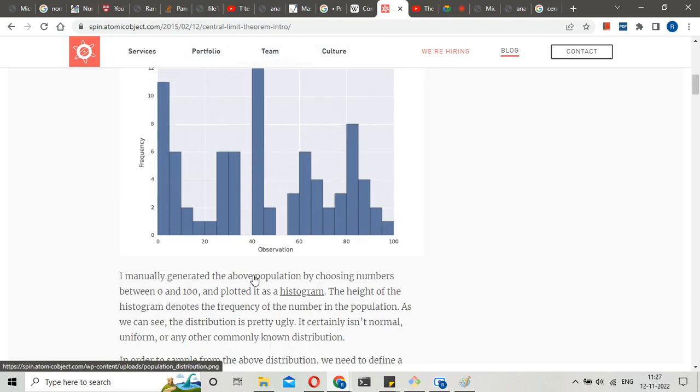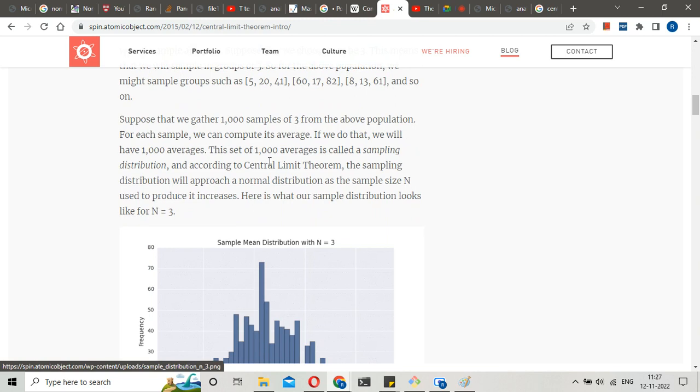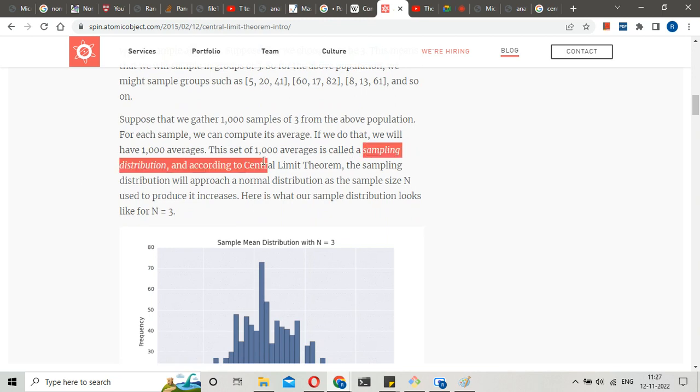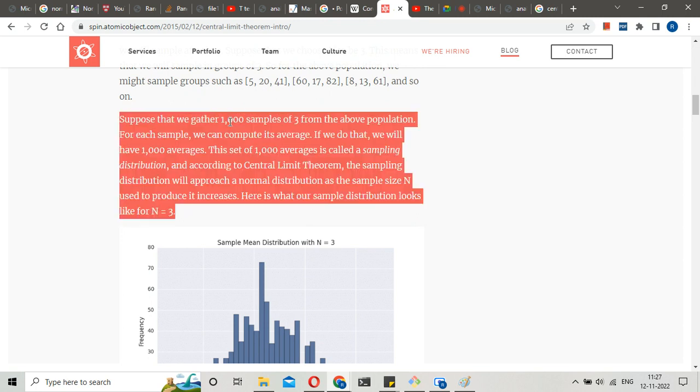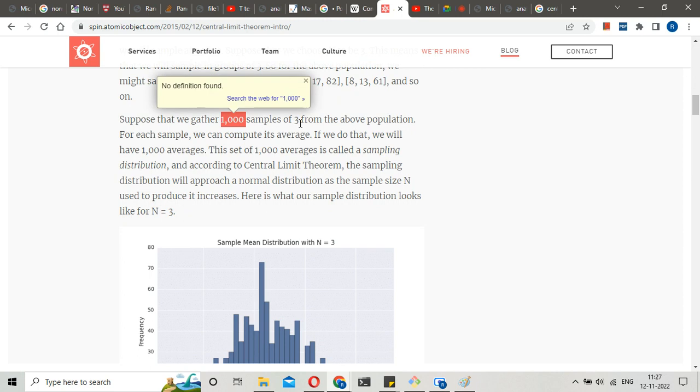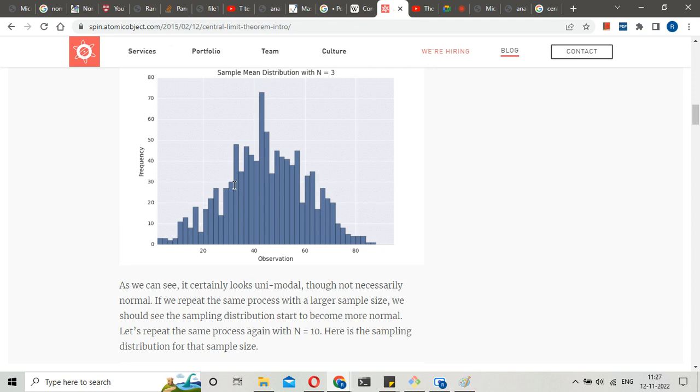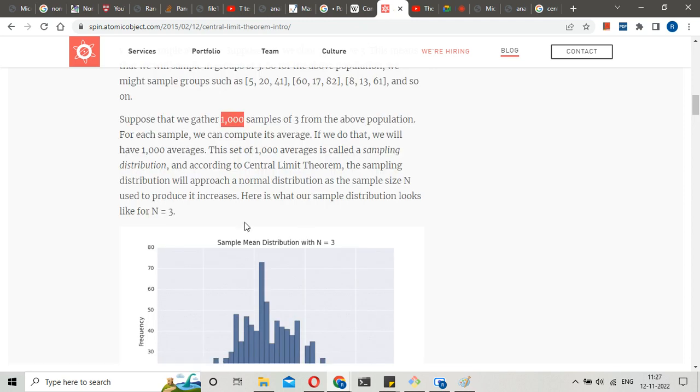So now what we are doing is, we call one more thing the sampling distribution. The idea is that you sample people in groups of three, calculate their mean, and plot it.